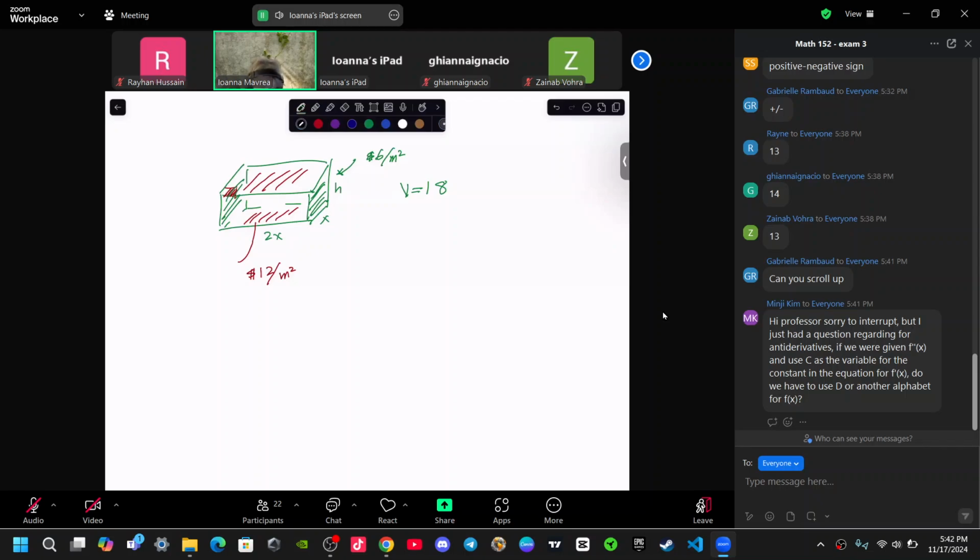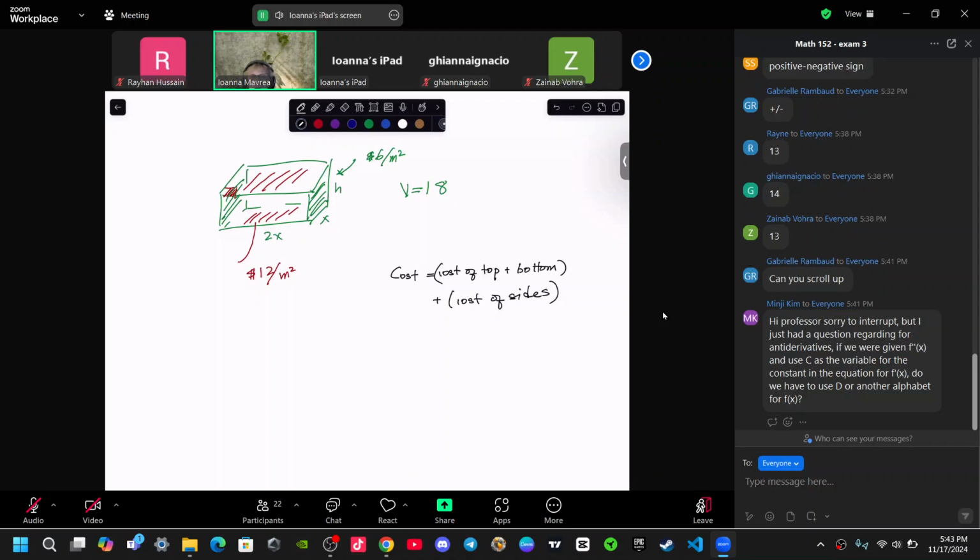Okay. So cost is cost of top and bottom plus cost of sides. Right?